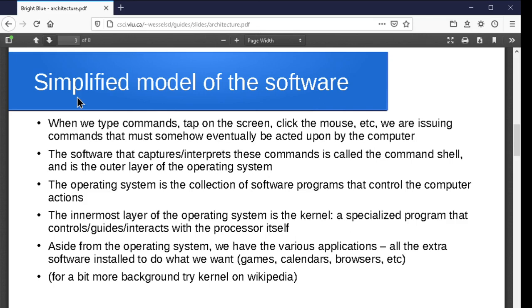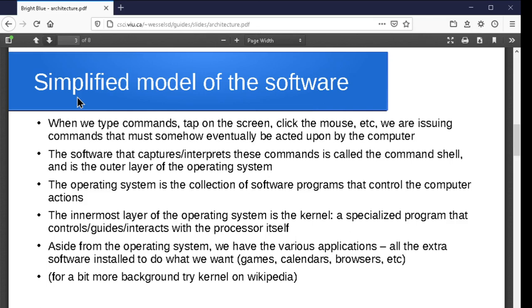Whether that's running other programs or setting whatever configurations, something's got to figure out what we're asking for and carry it out. So usually we talk about this idea of the command shell, the program that's capturing what we're doing and turning it into instructions for the operating system. The operating system being the collection of software programs that control what the system actually does.